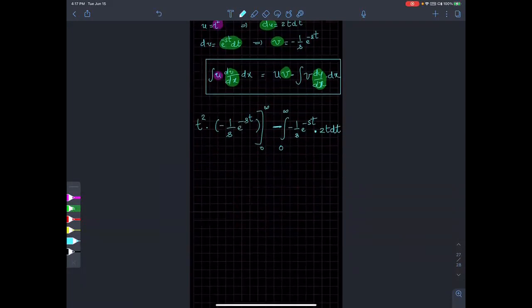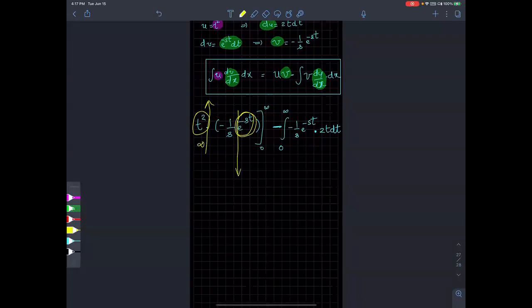So by observation, we see that this term goes to 0 for infinity. The reason is, if you pay attention, there is a t squared term that's going towards infinity as t tends to infinity, whereas the e to the negative st term goes to 0.